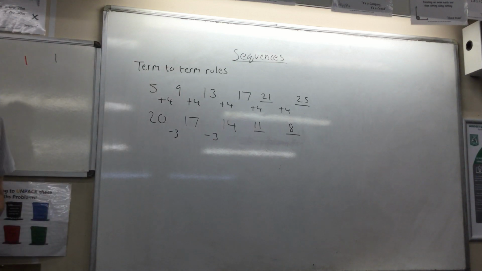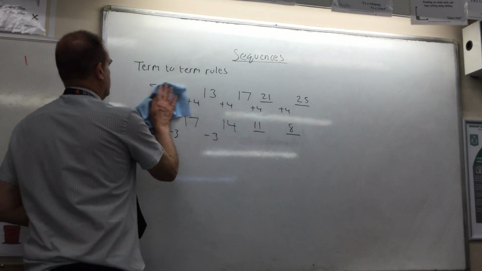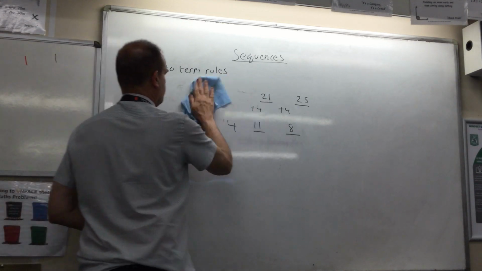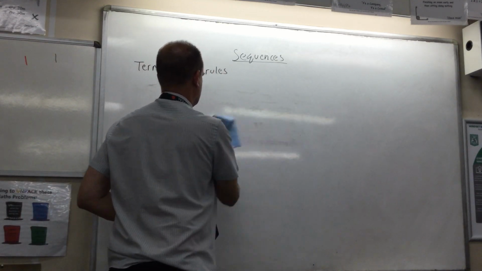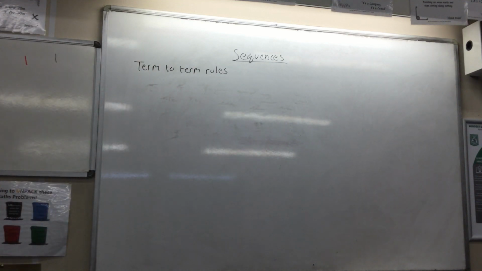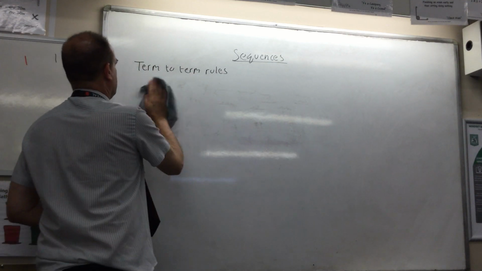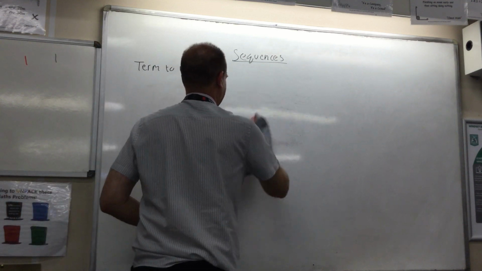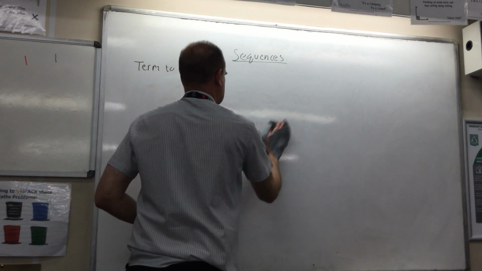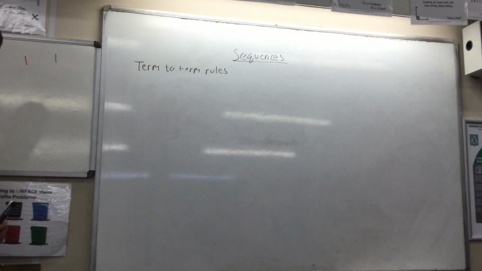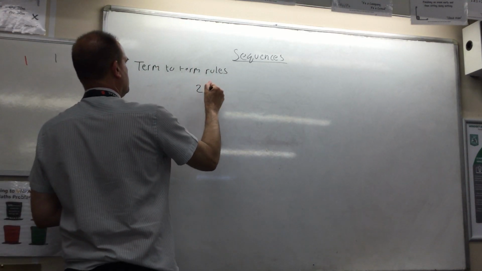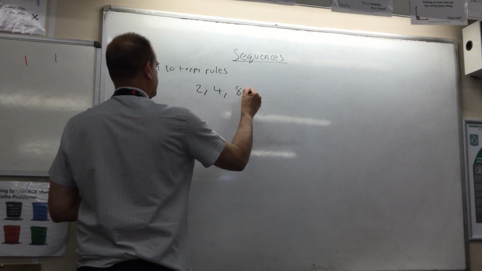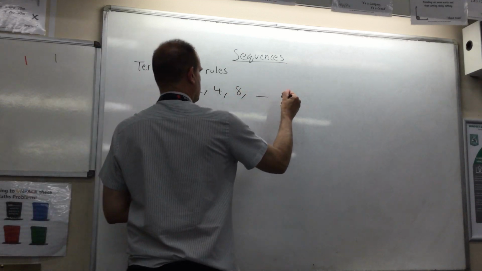Okay? So, if I just take those off here and then write some more sequences which follow term to term rules. Well, let's look at this one here. 2, 4, 8, and so on.